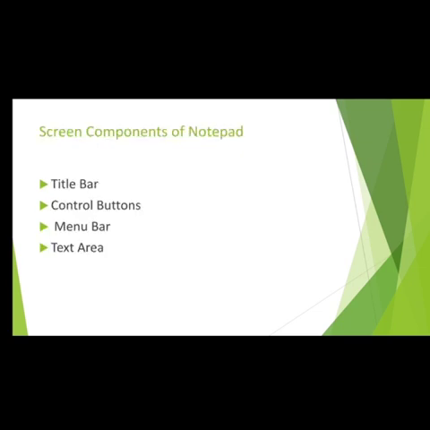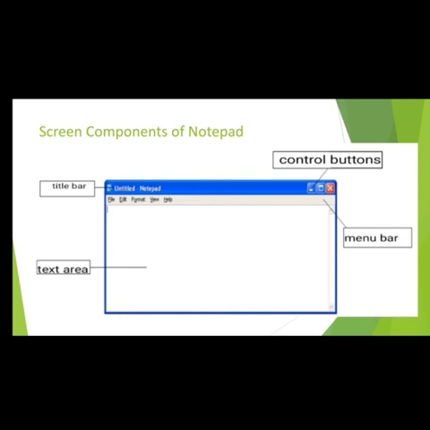Now, let's revise some screen components of Notepad. The main screen components of Notepad which we can see when we open Notepad are the title bar, control buttons, menu bar and text area. These are the main screen components which we can see right here.